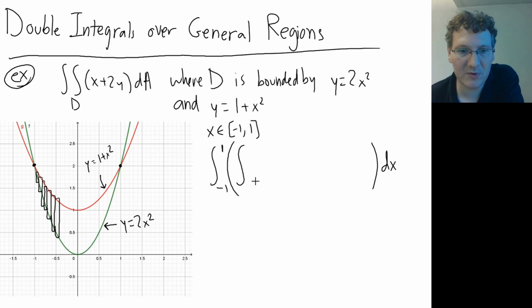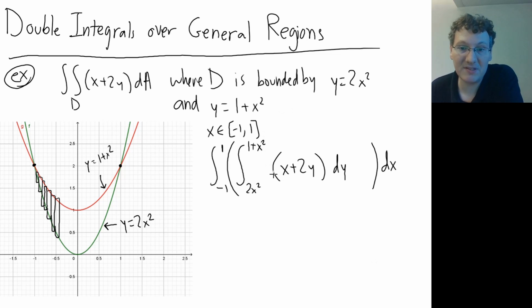So we're going to put those bounds, 2x squared and 1 plus x squared, as the bounds on our innermost integral. We're integrating x plus 2y dy.